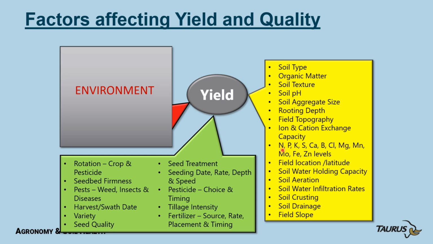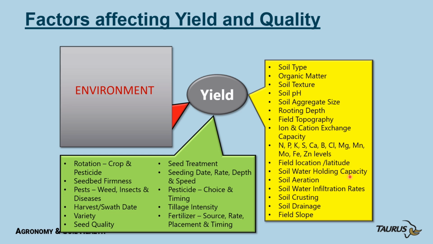We get deficiency of nutrients because they're distributed unevenly and we're not putting them back in a way that's really critical. We're making huge progress by mapping soil zones now so that we can variable rate both seeding and nutrient and pesticides and so on.